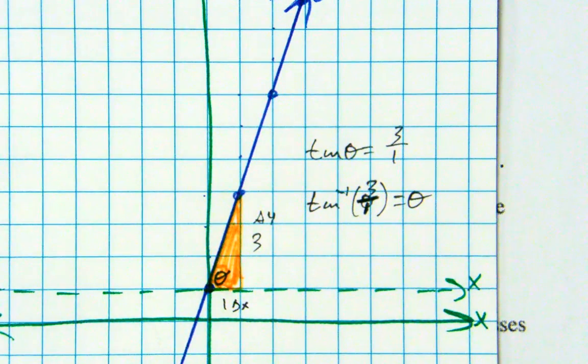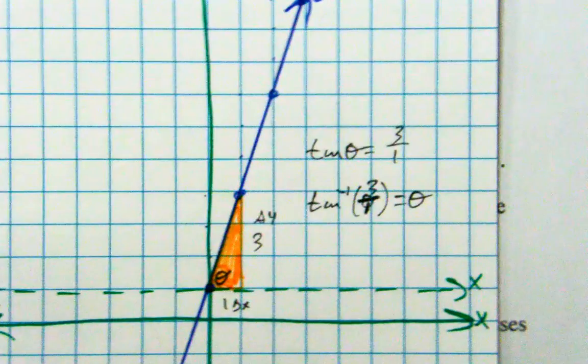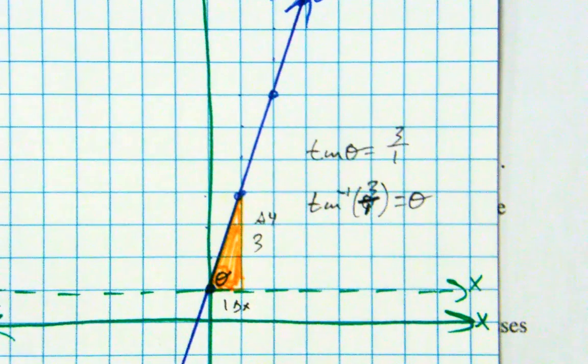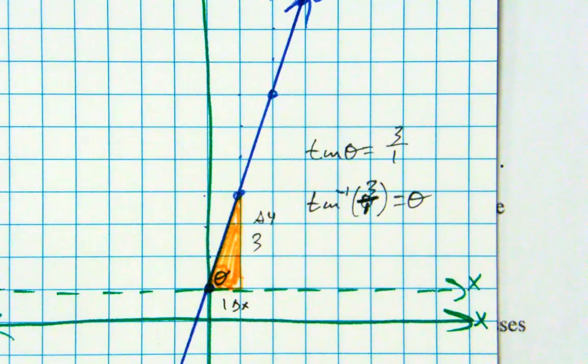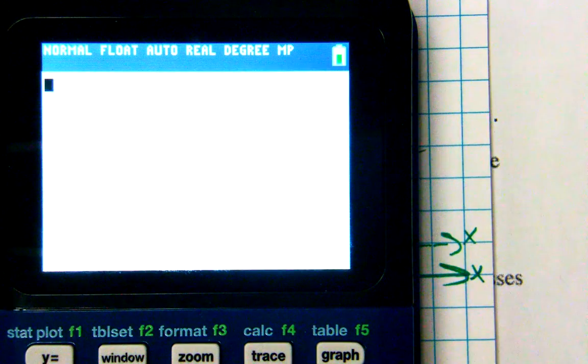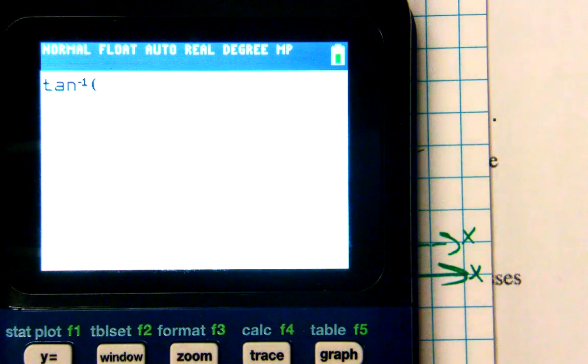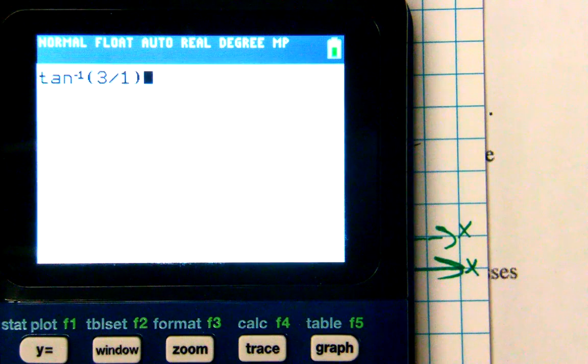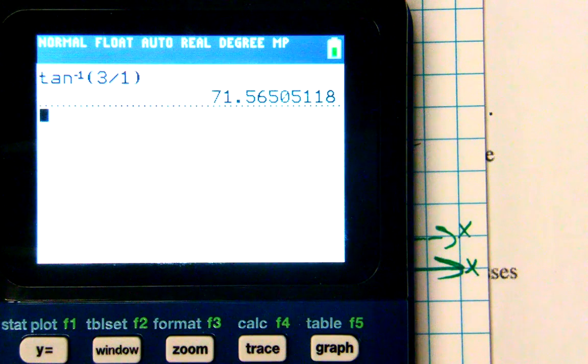And then I go to my handy dandy calculator. Oh, where's my handy dandy calculator? Ah, I'm stuck. Okay, so on my handy dandy calculator, I'm going to do inverse tangent, 3 divided by 1, and I get 71.56.